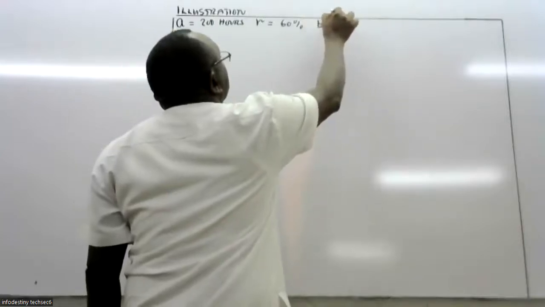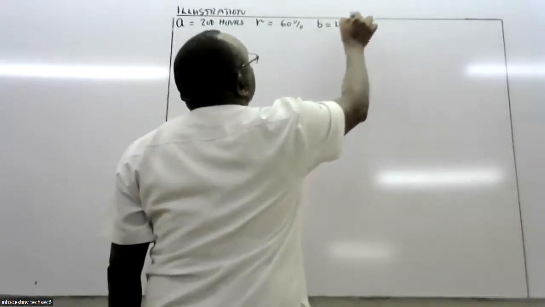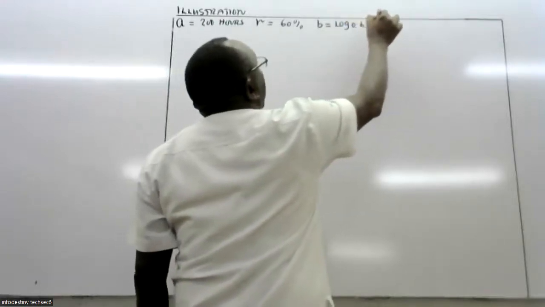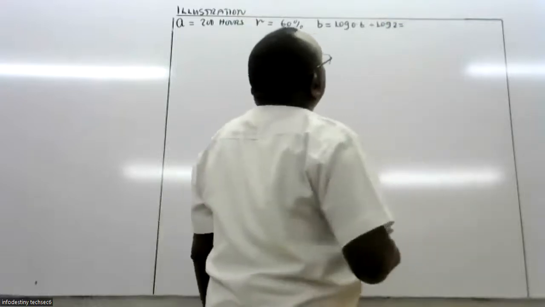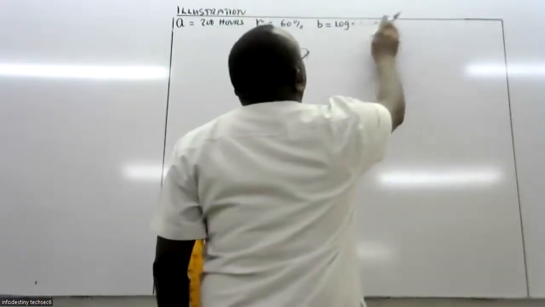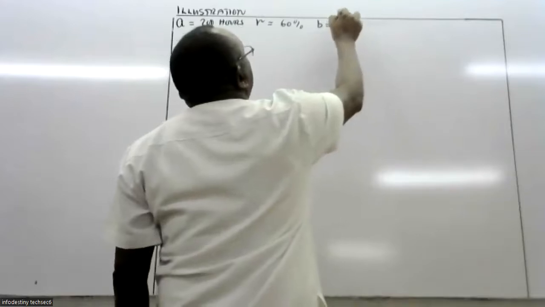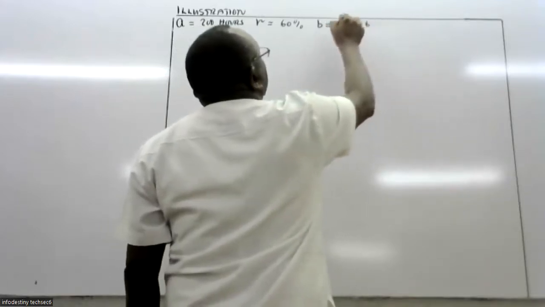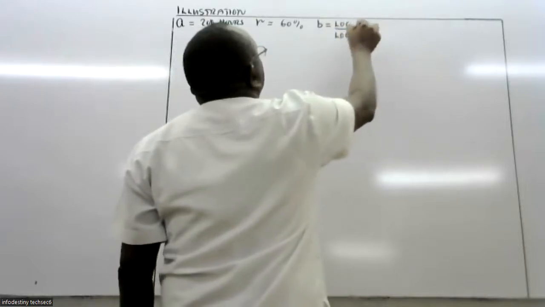B is the log of 0.6 multiplied by the log of 2.